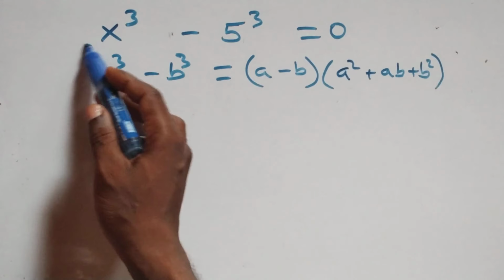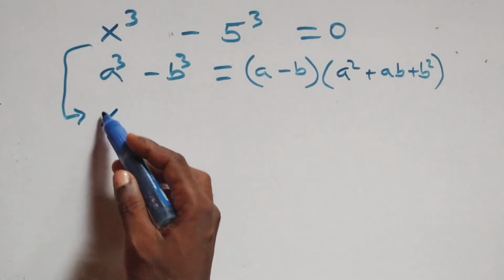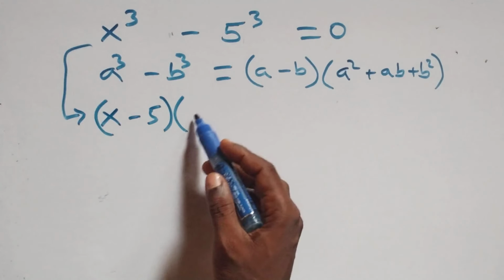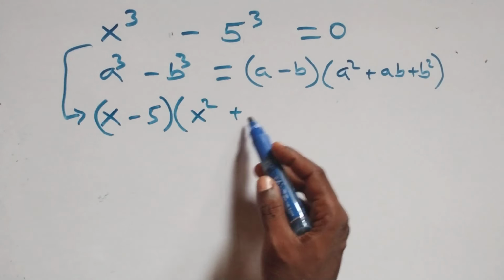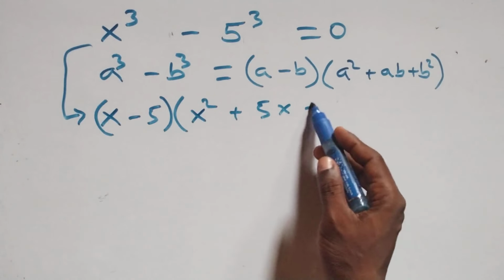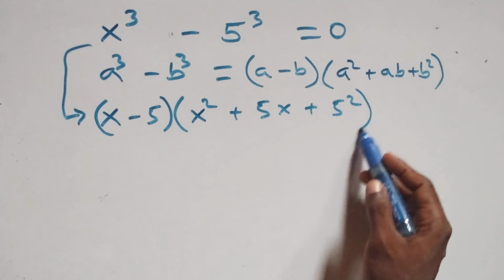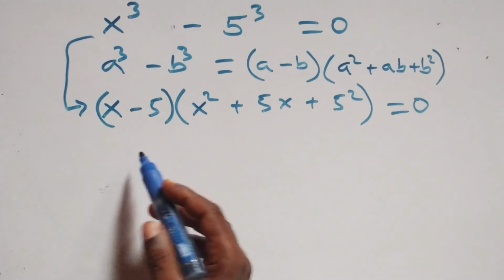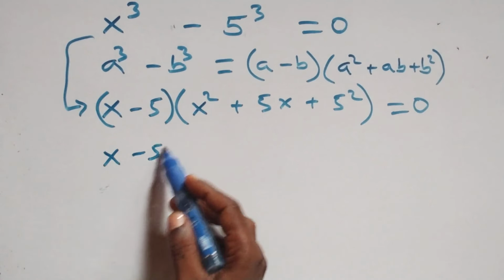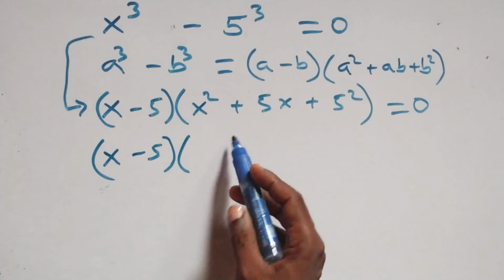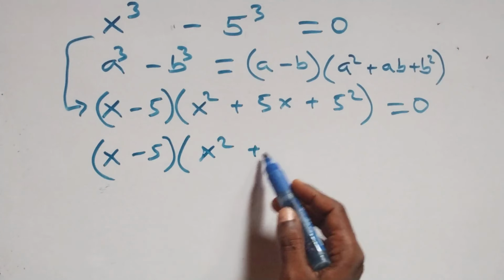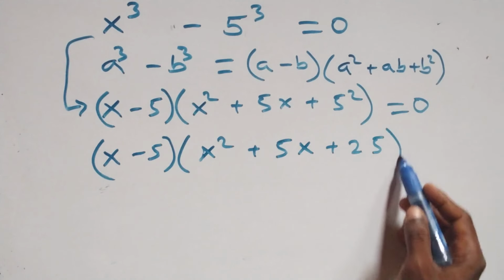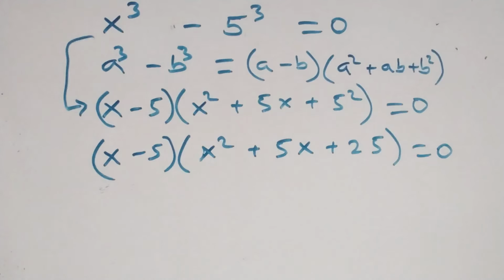That is here what we have will be written as x minus 5 into bracket open bracket x squared plus 5x plus 5 squared close bracket equals 0 here. That is the same thing as x minus 5 into bracket, then open bracket x squared plus 5x plus 5 squared, that's 25, close bracket equals 0 here.